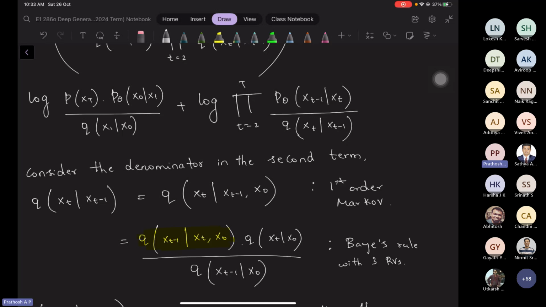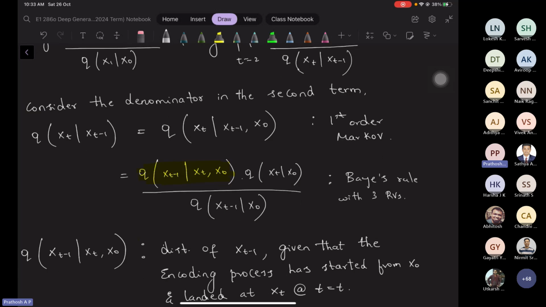So the idea is to introduce the reverse direction transition in the forward direction also, and that is why we use Bayes' law to invert it. Now, this q of xt minus 1 given xt and x naught is actually going in the reverse direction, correct? So that is the algebraic convenience that we wanted, and that's why we wrote it this way.